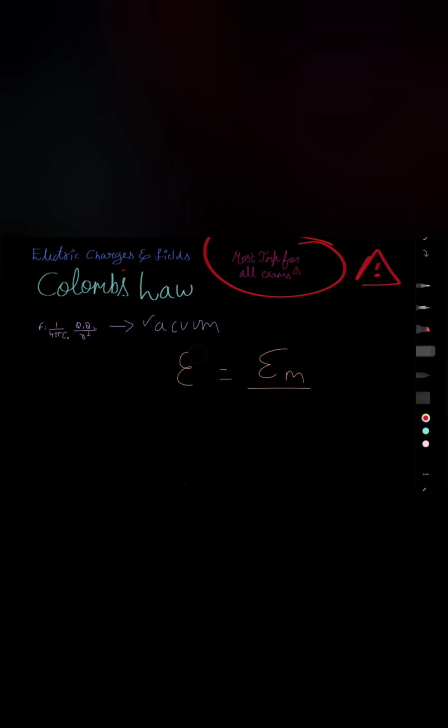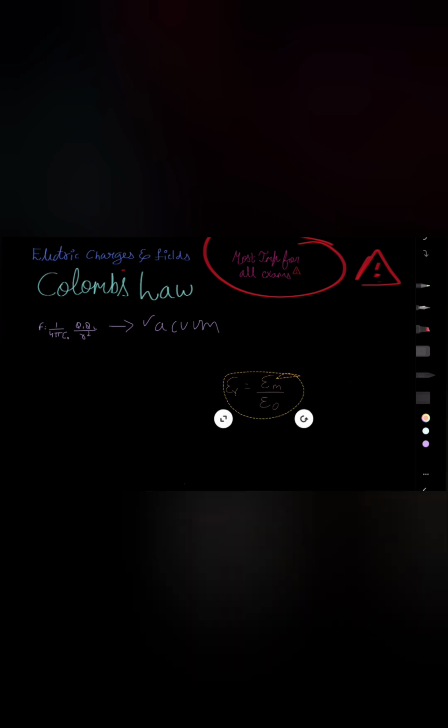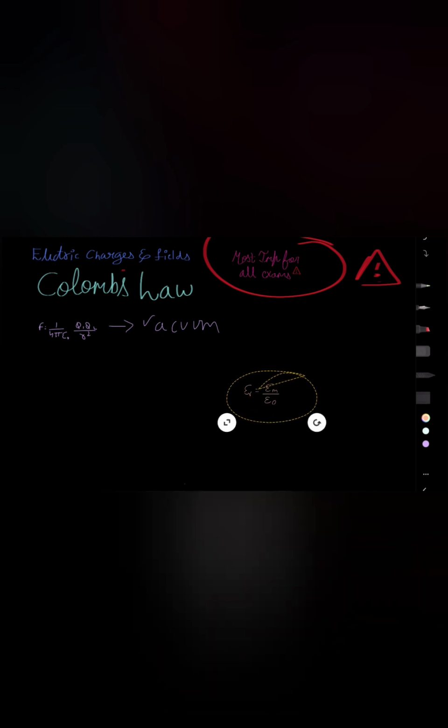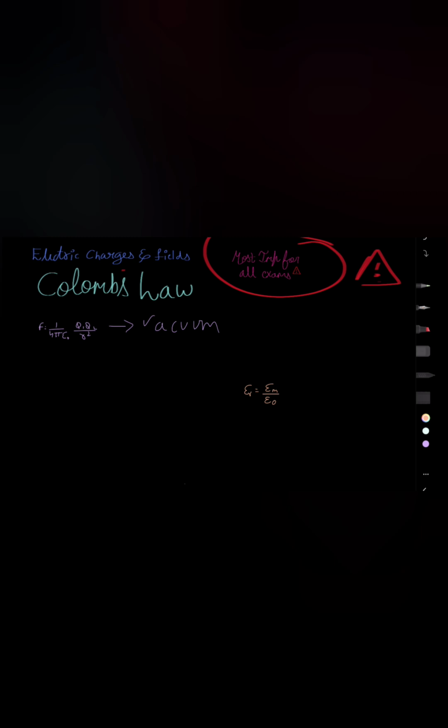The relative permittivity is the permittivity of any medium divided by the permittivity of vacuum, epsilon naught. This is a small concept but a very, very important one.